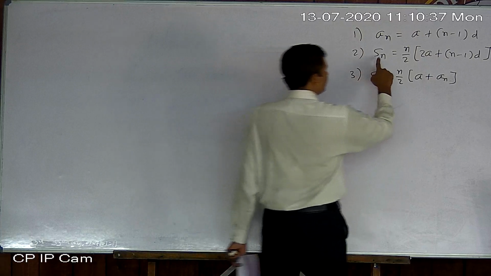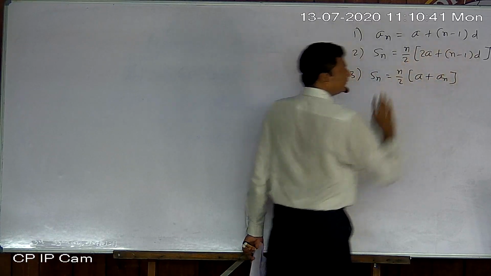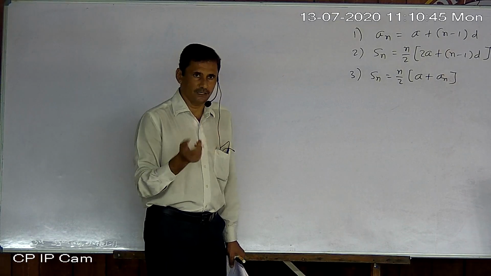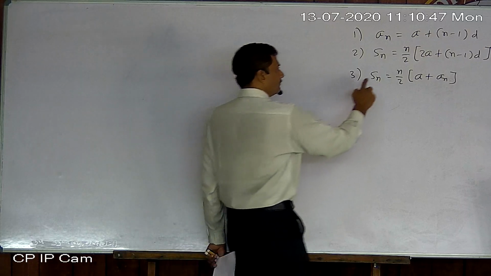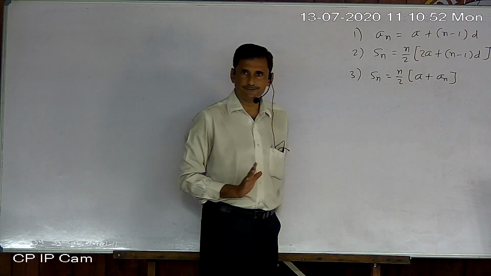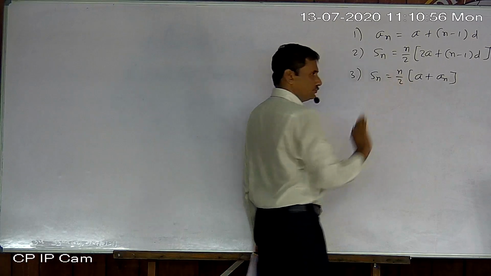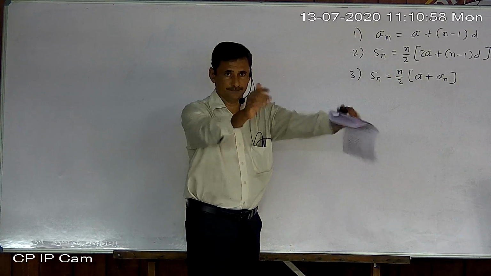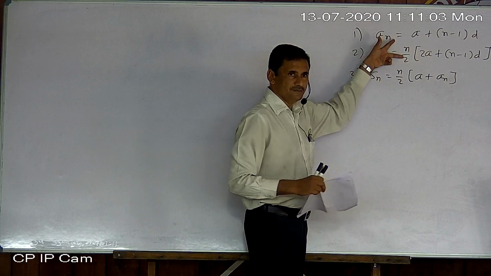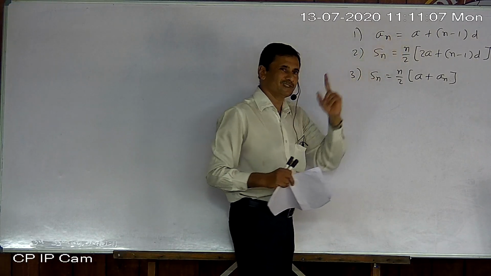Here you can see Sn: 1, 2, 3, 4. Again 4. If any 3 are given, then you can find the missing one. Here also 1, 2, 3, 4. An means last term. So here also, if any 3 are given, you can find the fourth one. Sometimes, in a formula, 2 variables are missing, and we cannot find 2 missing variables from a single equation.